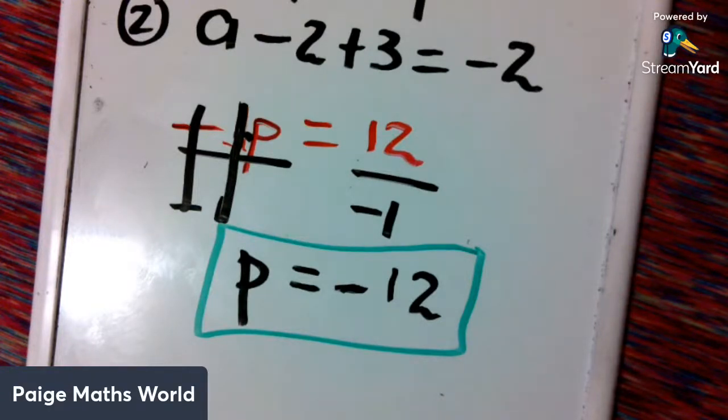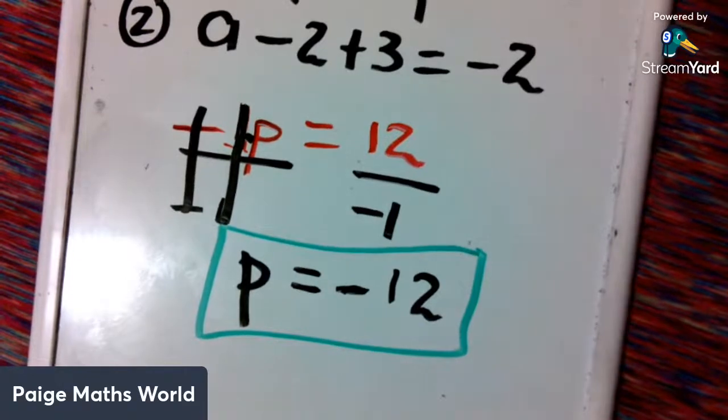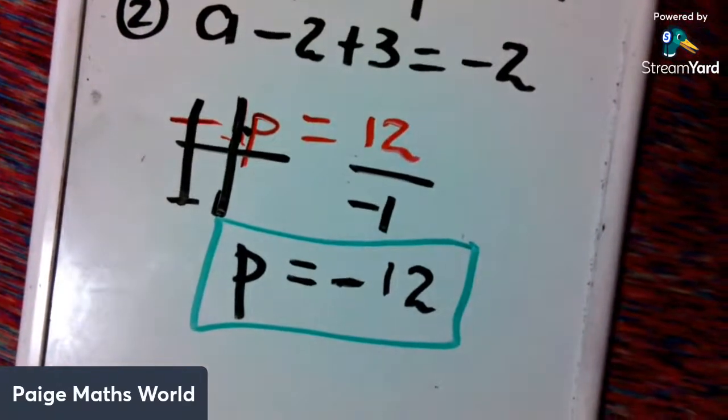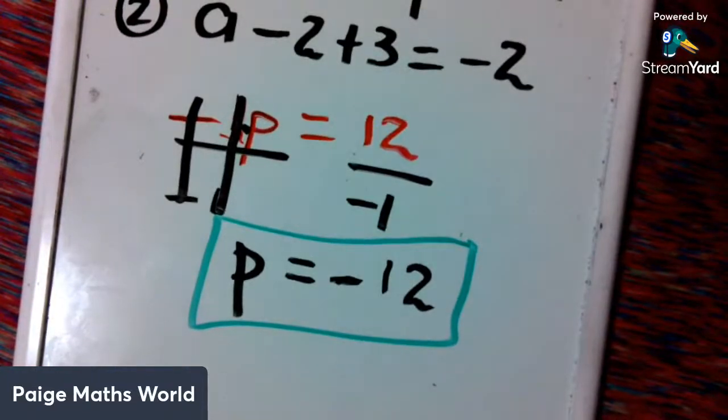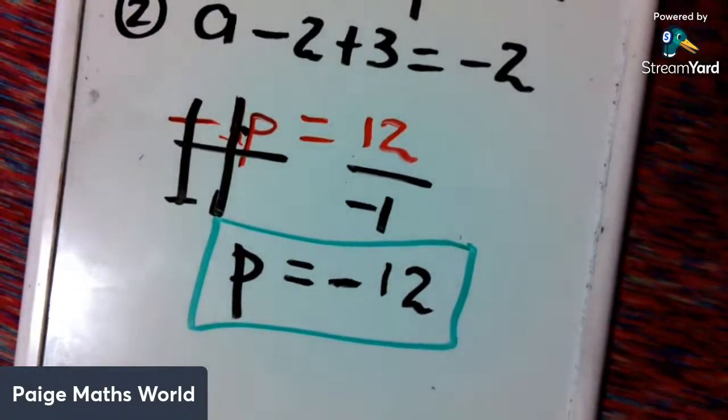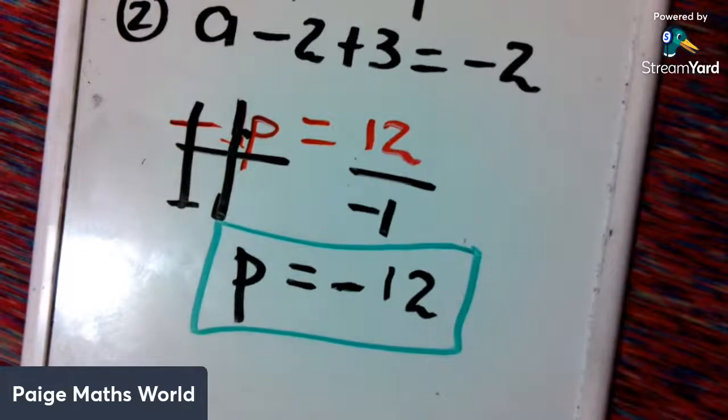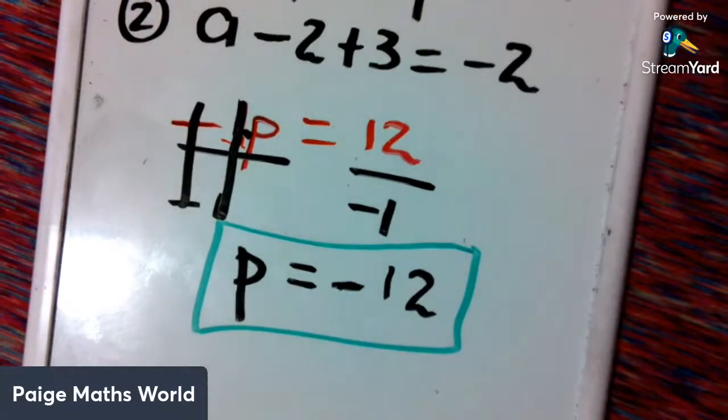Great job, Raymond. Thank you for the confirmation. So p is equal to negative 12. Is it negative 12 that he had though? Oh, yes, he did. Okay. Somebody's on fire tonight. So p is equal to negative 12.